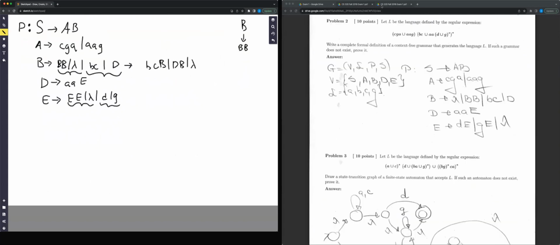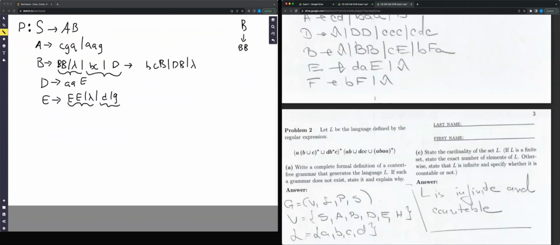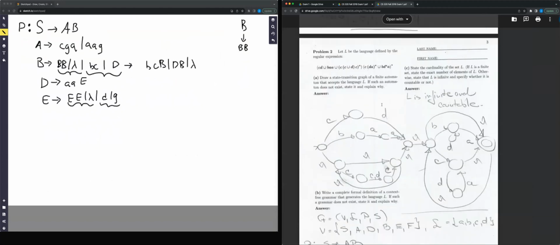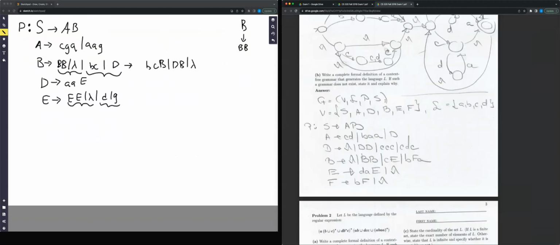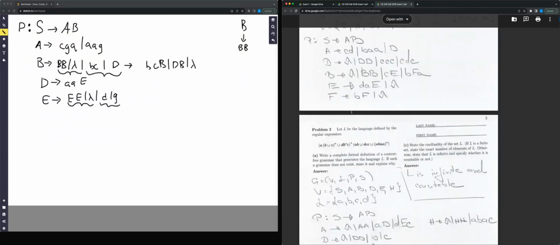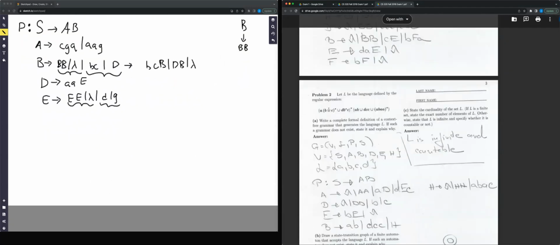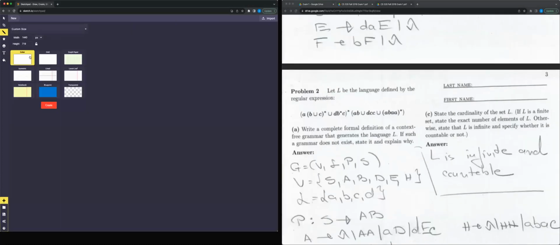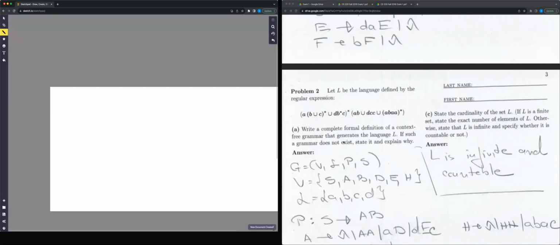Okay. Let's do this regular expression. This one looks harder. It's not really, none of these are really that much harder than any of them, because if you are able to break it down, then you're able to answer these fairly simply.